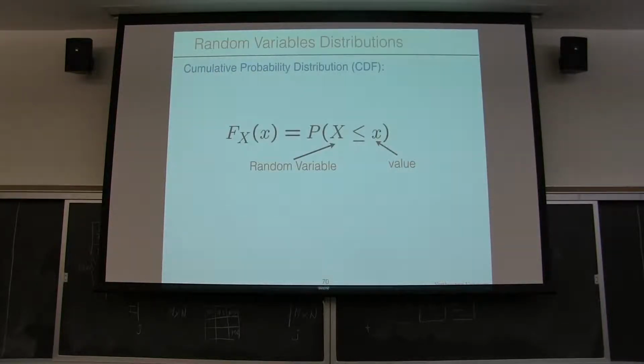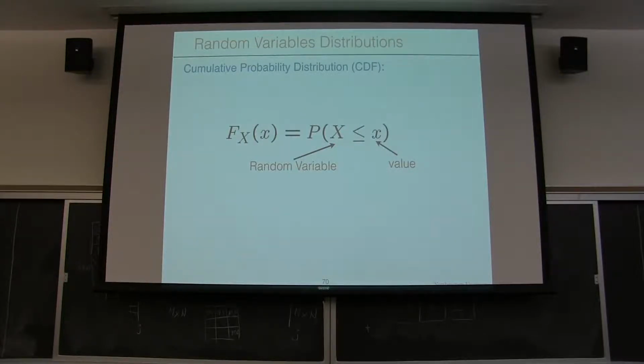Now what we're going to do is consider two things that are very useful, which are the distribution and the density of those random variables. The distribution is a function that, given a value x, tells us the probability of the random variable being less than or equal to that x.